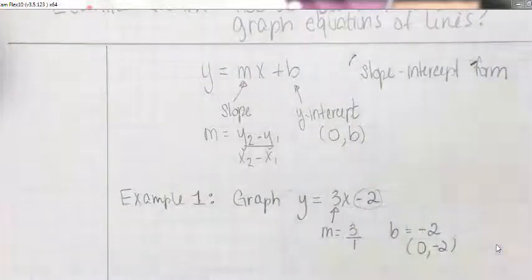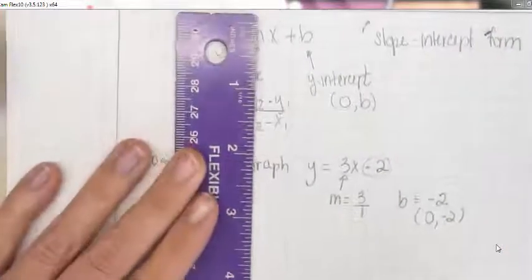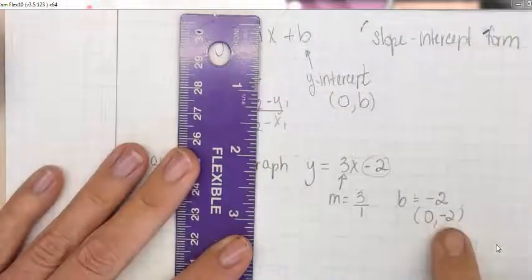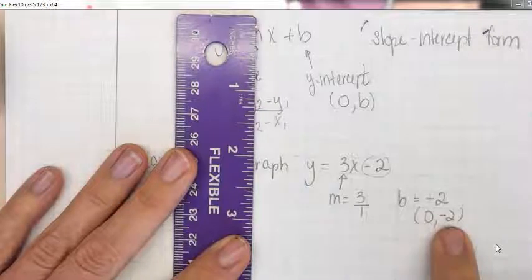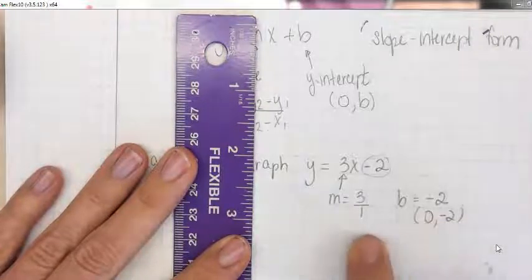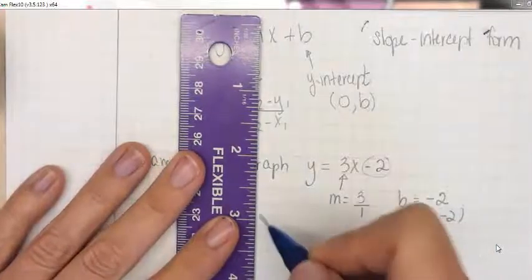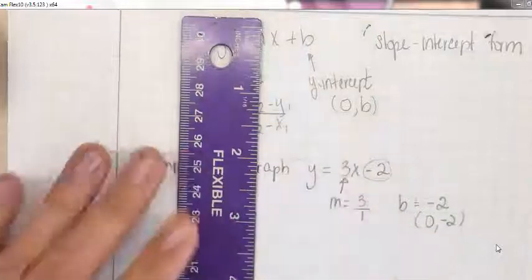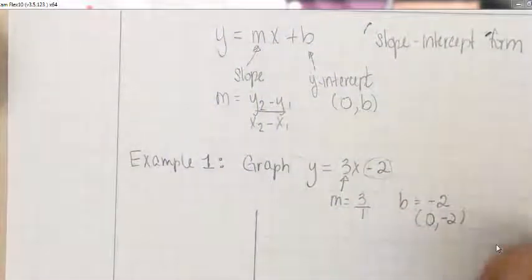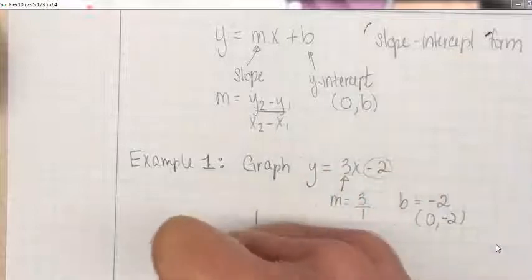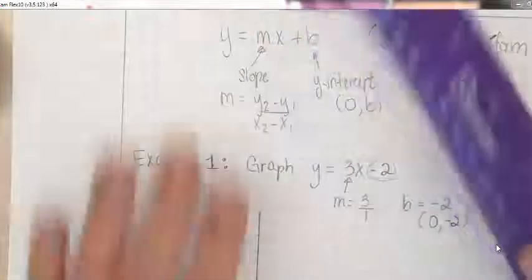Okay, so if I graph this, I'm always going to start at my y-intercept. So here I'm going to start at 0, negative 2, and then I'll use my slope to get a second point. I want to make sure I've got space on my graph where I can go down on the y-axis to negative 2.